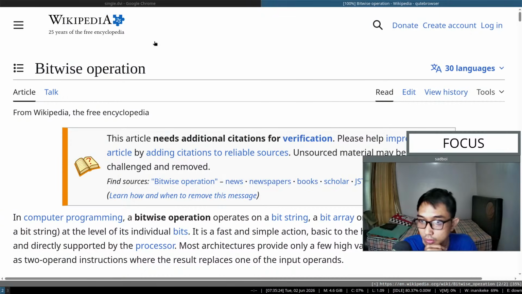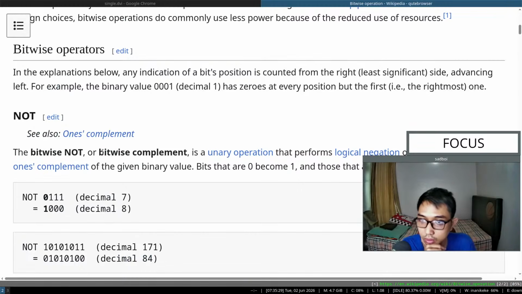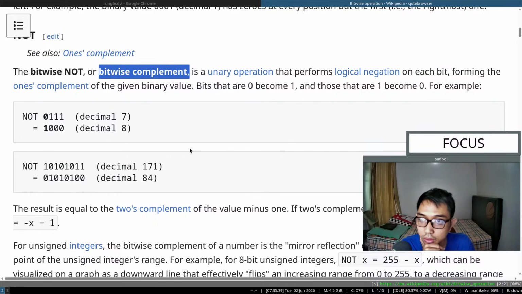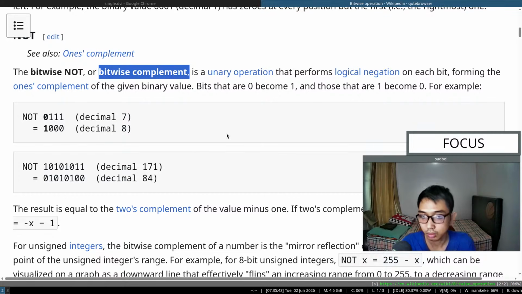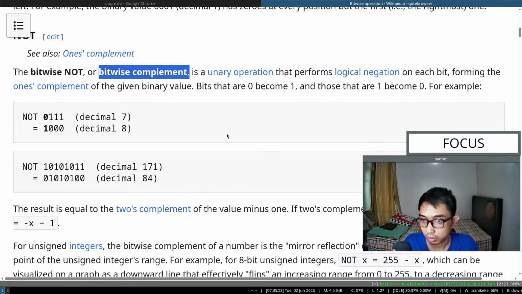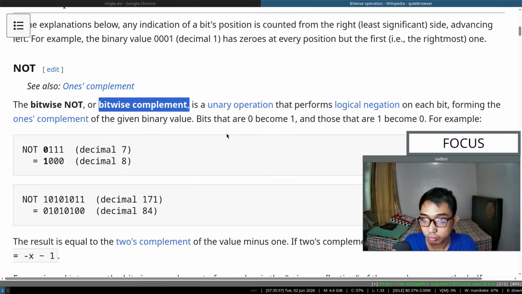Let me check. Not. Oh, bitwise not or bitwise complement. Is that it? Okay. Complement or not? I thought it is different. Okay.